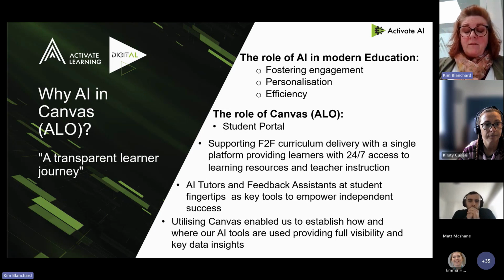We know that our learners don't just want to sit and learn 9 till 5. We have learners that learn beyond that time frame, and sometimes after shifts at 2 o'clock in the morning. We have integrated our AI tutors and the feedback assistant so that they're at the fingertips of the students as key tools to empower their independent success.